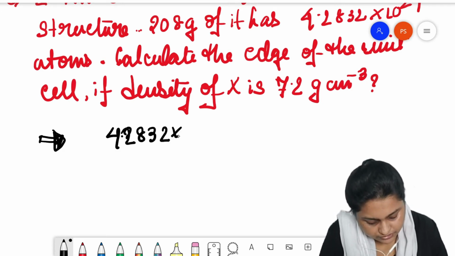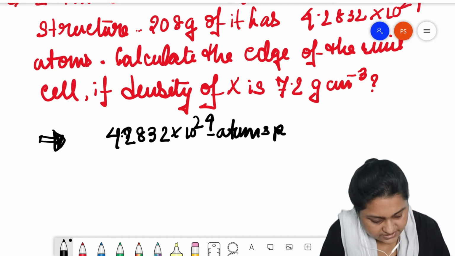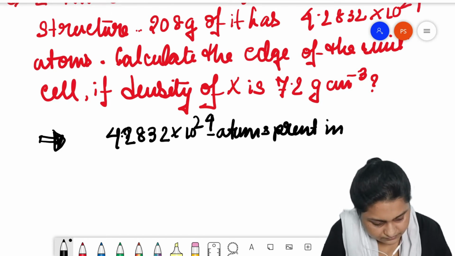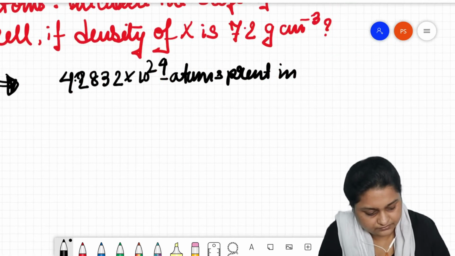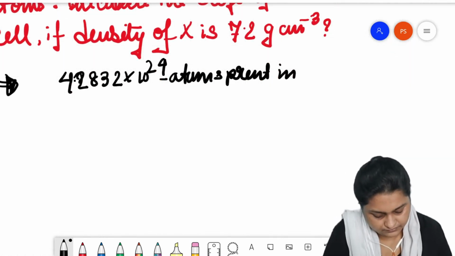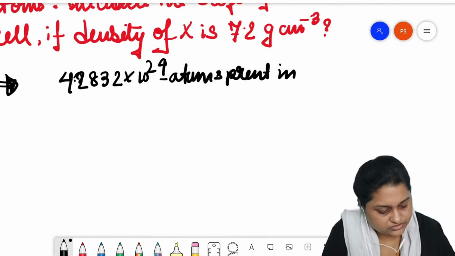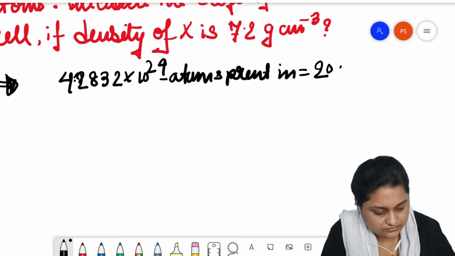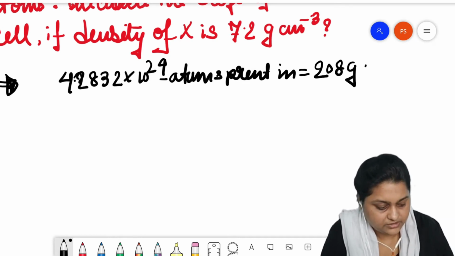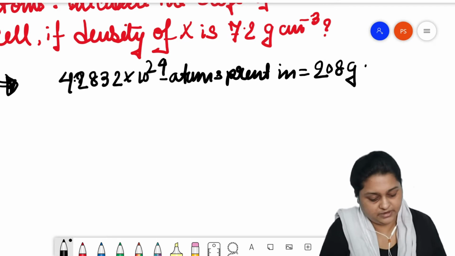4.2832 into 10 to the power 24 atoms are present in 208 gram of the metal.